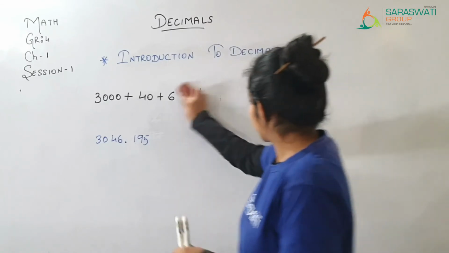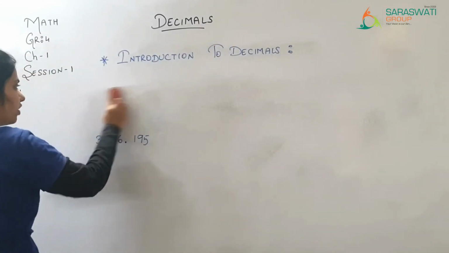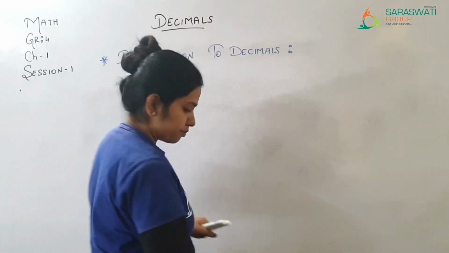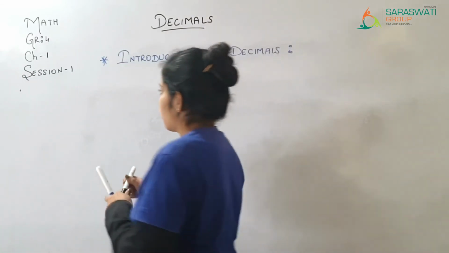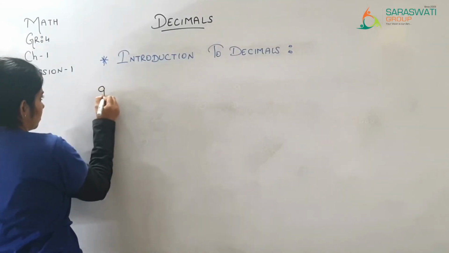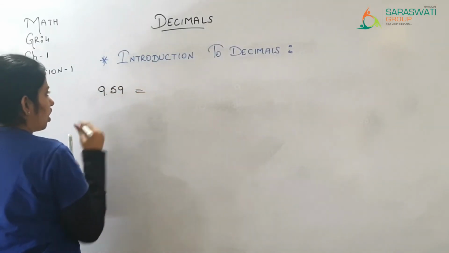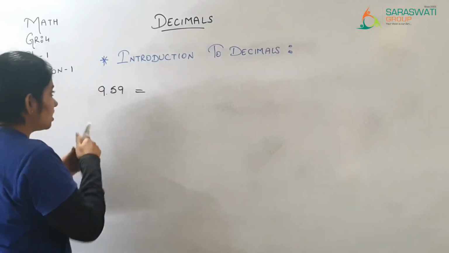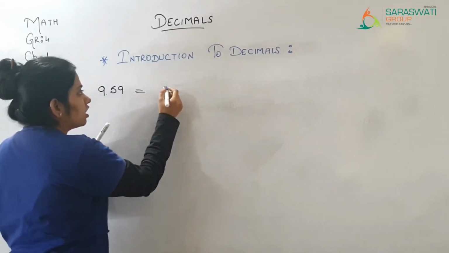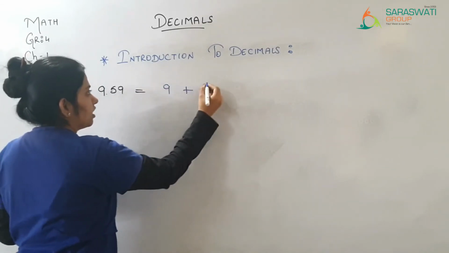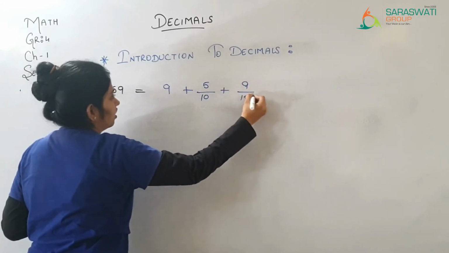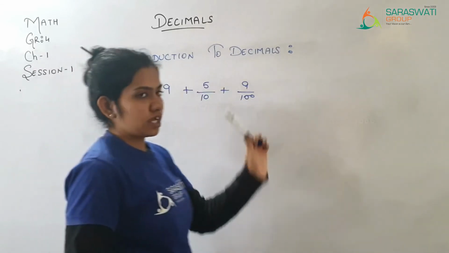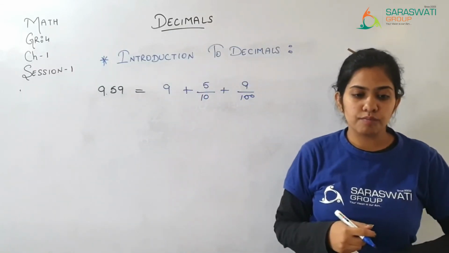If you are supposed to write in expanded form, and it is given 9.59, how will you write? 9 is only the one, so you will write 9 single, then 5 upon 10 plus 9 upon 100. So this becomes your expanded form.